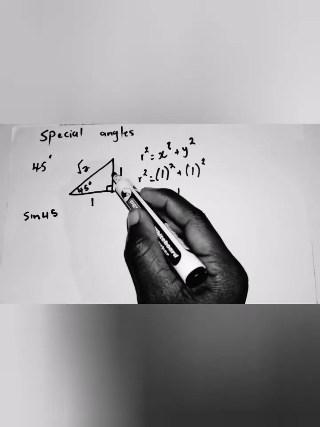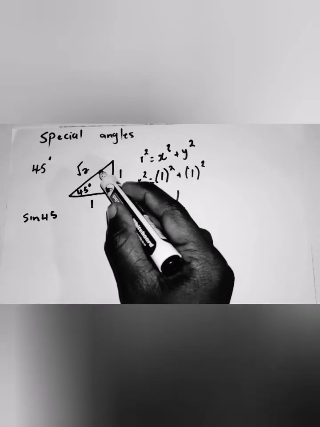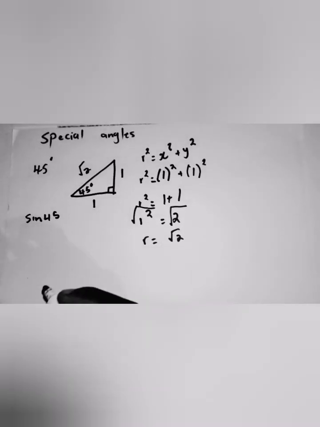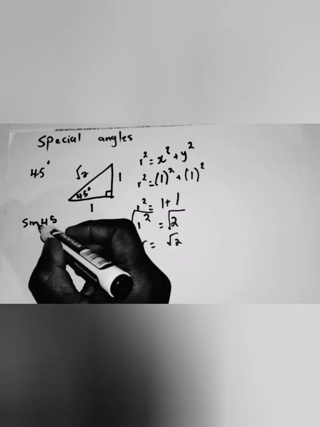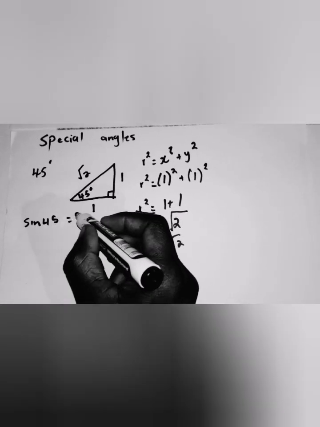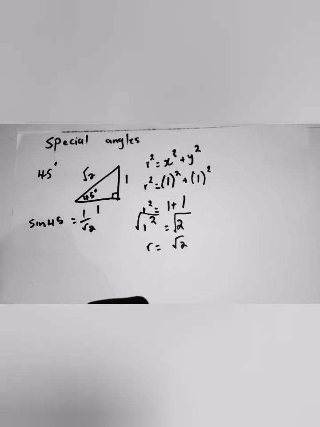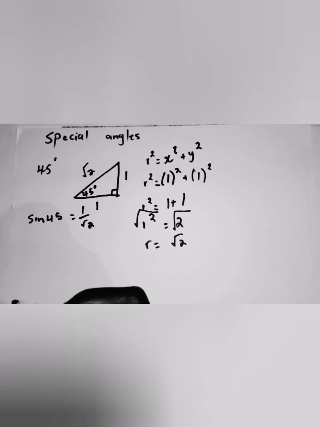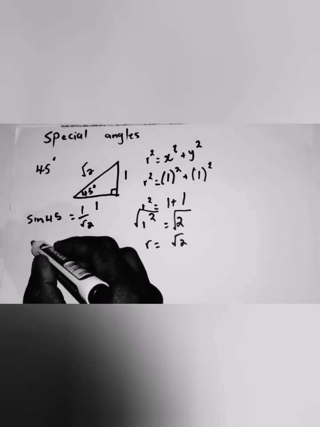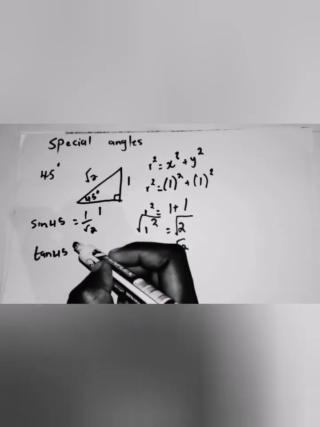Now we know that we get sine by the opposite of 45, which is 1, and the hypotenuse, which is root 2. Remember SOHCAHTOA, sine is opposite over hypotenuse. So sine of 45 is 1 over root 2. You will see where this is going. If you use your calculator, it is possible for your teacher to see whether you used your calculator or special angles.